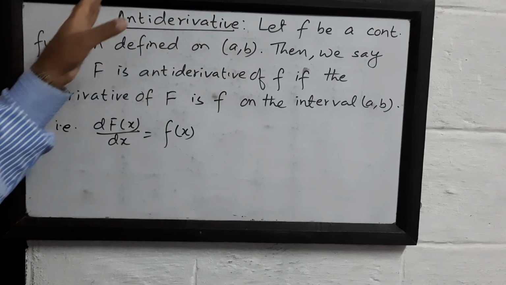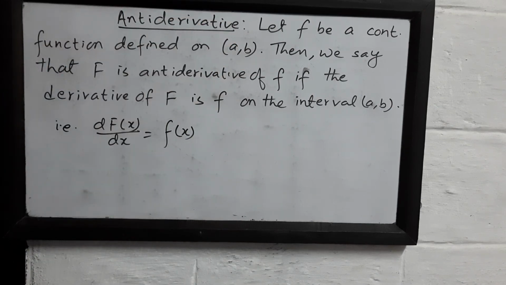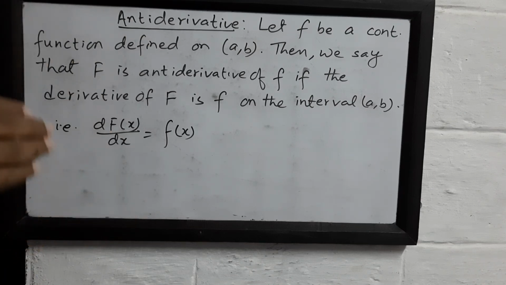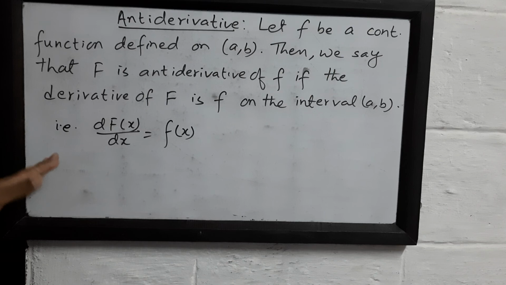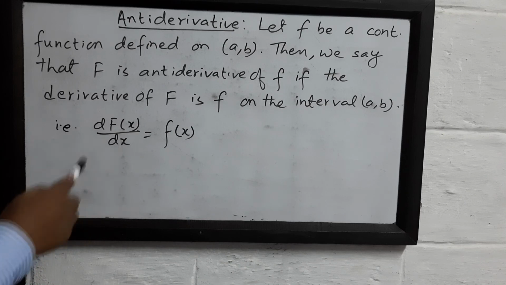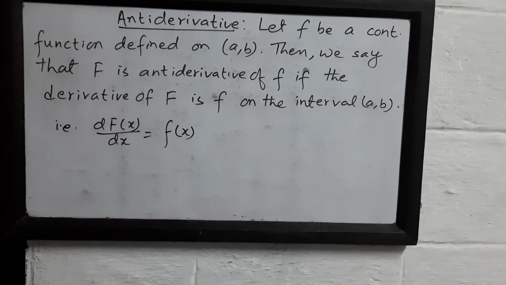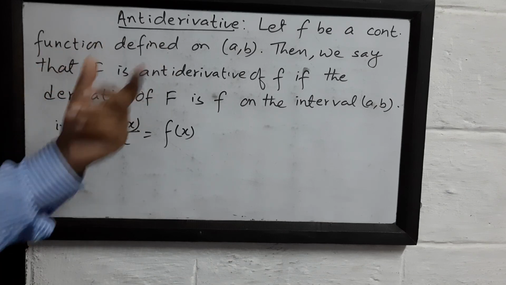This integration gives us the sum of the small areas bounded by the curve y equals f(x) and the x-axis. So the symbol for integration is S, because it gives a sum. The starting letter of sum, S, in elongated form is used to denote integration or antiderivative. Antiderivative is also called integration.